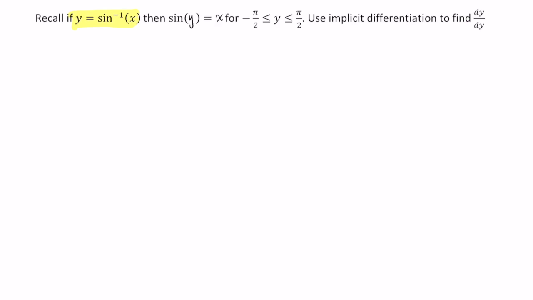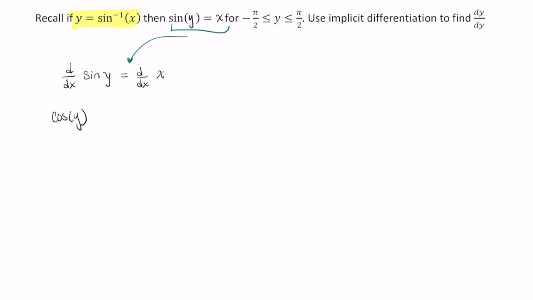Okay, so let's begin by finding the derivative with respect to x of sine y and the derivative with respect to x of x. So that is, I am just finding the derivative of this equation here. So on the left-hand side, the derivative of sine is cosine, and this is y.